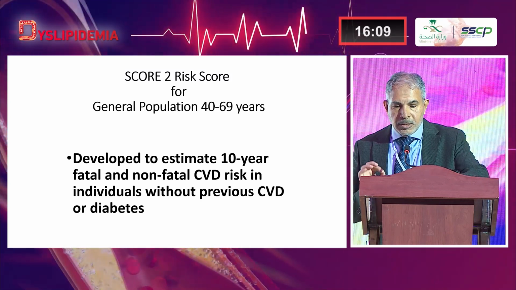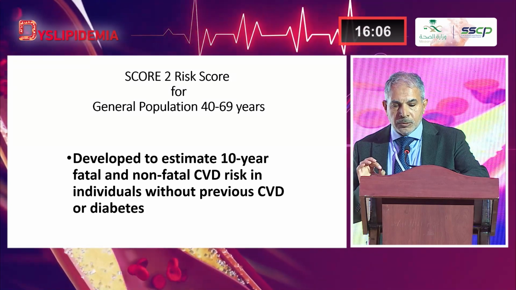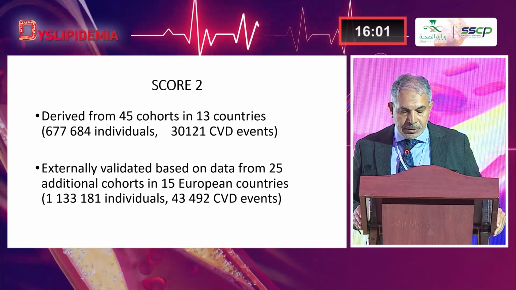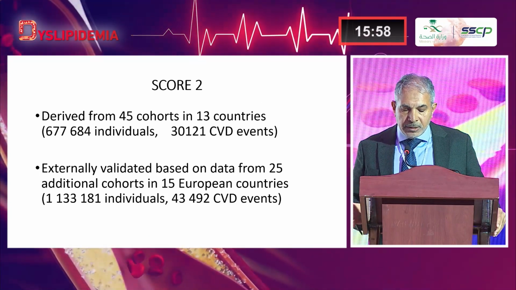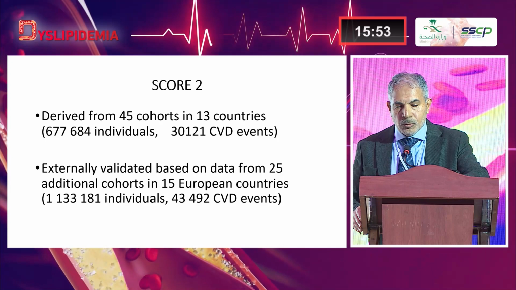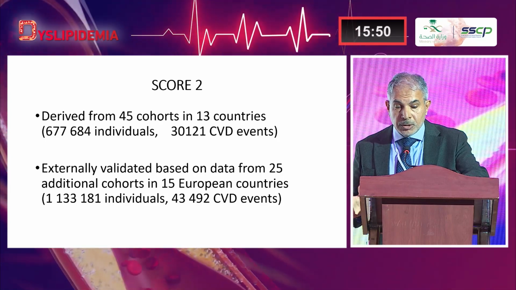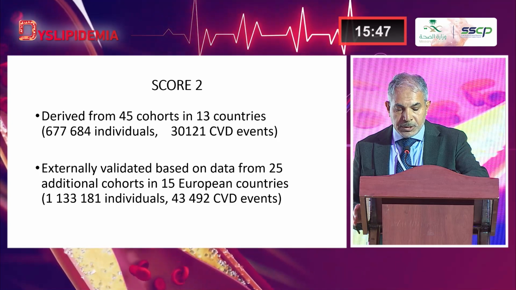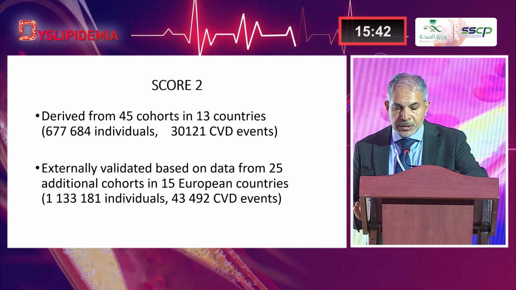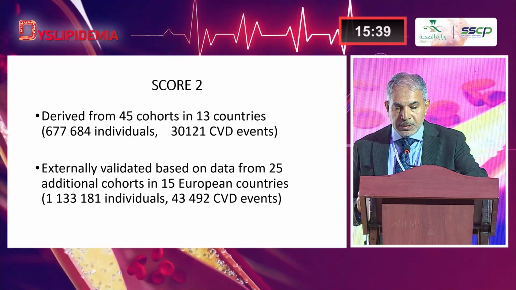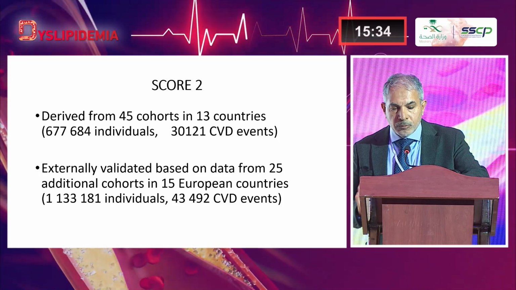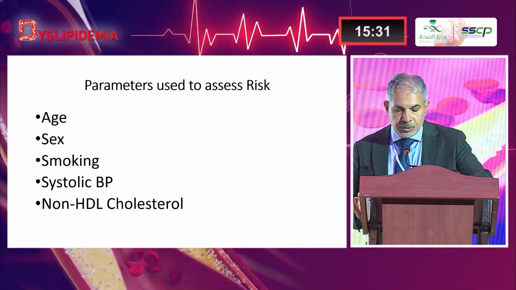So it only applies to people that are not diabetic and have not yet developed atherosclerotic vascular disease. SCORE2 has been adequately derived and validated in many cohorts with a large number of individuals of population and people who have developed the disease. Therefore, these are very well validated scoring systems. They are not the only score systems that exist, but SCORE and SCORE2 are really very well validated.